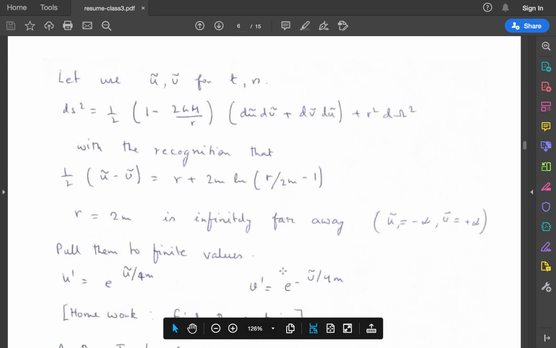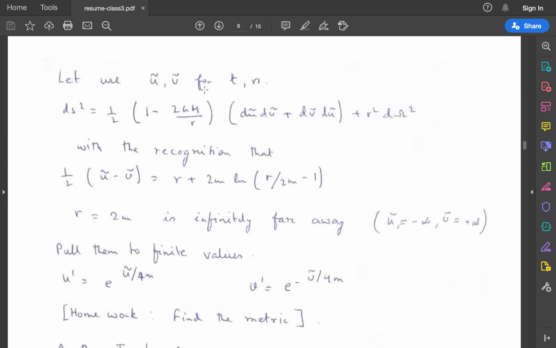Instead of changing t to u tilde or t to v tilde, let us change both t and r into coordinates u tilde and v tilde. Then this metric can be written as 1/2 (1 minus 2GM by r) (du tilde dv tilde plus dv tilde du tilde) plus r square d omega square, which is the angular part.